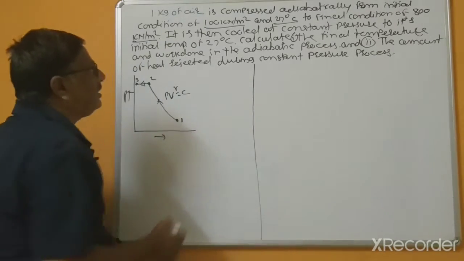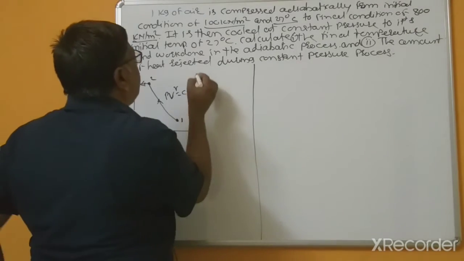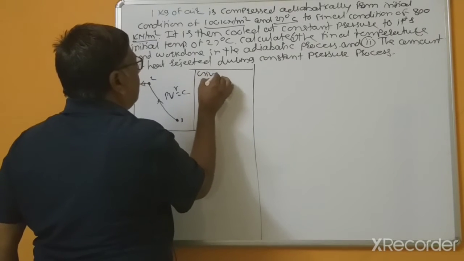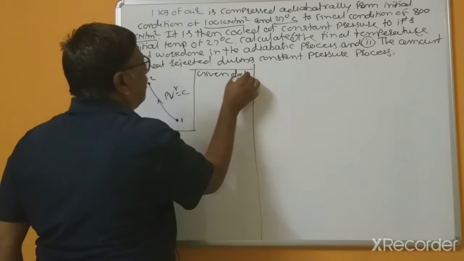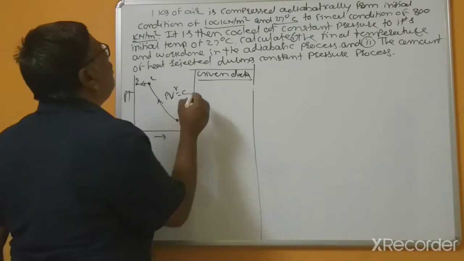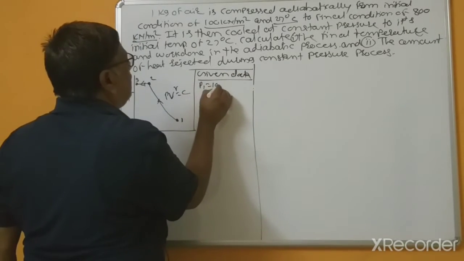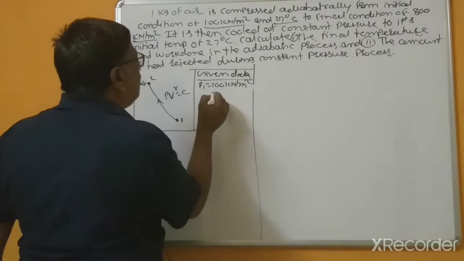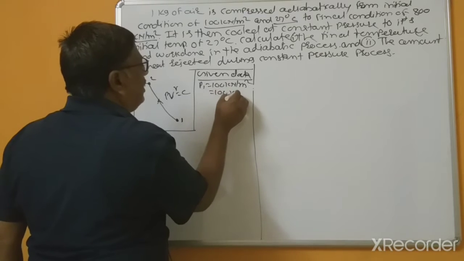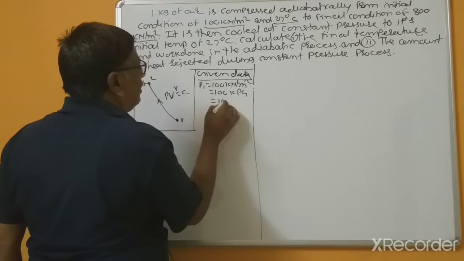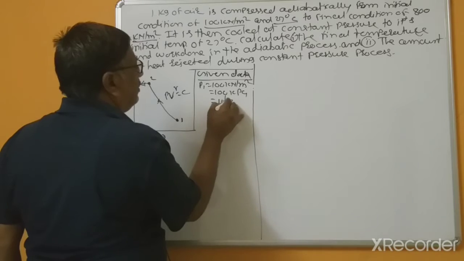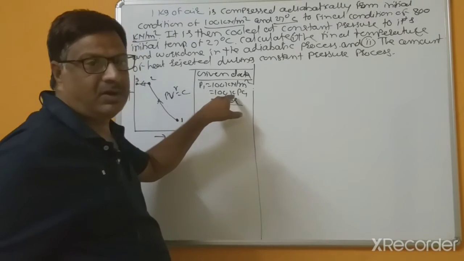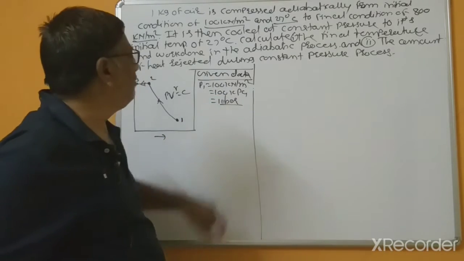First I extract the data given. P1 equals 100 kilonewton per meter square, which is nothing but 100 kilopascals, or 1 bar, taking 10 to the power 2 and this is 1 bar.